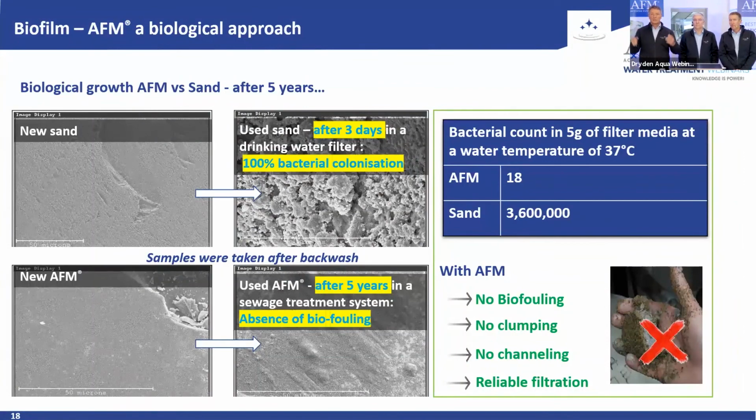Then after a decent backwash, he took out 5 grams of filter media, put it in sterilized water, and then put it on the Petri dish. And this is the difference in the germ counts, 18 to 3.6, which is a factor of 1 million. Now, 1 million is a big number. I always say a factor of 1,000, and then you come and say, Dominic, you're wrong, it's not 1,000, it's 1 million. Okay, I'm happy to make these mistakes, to get these corrections.